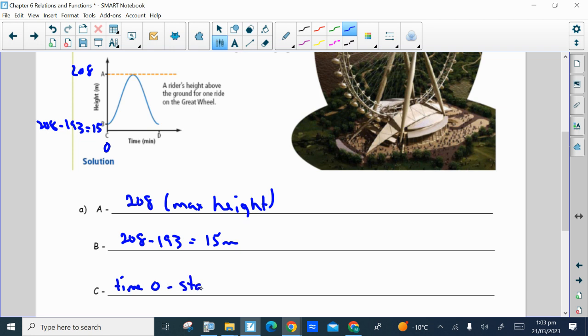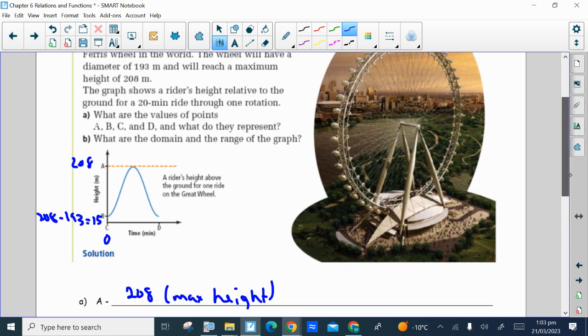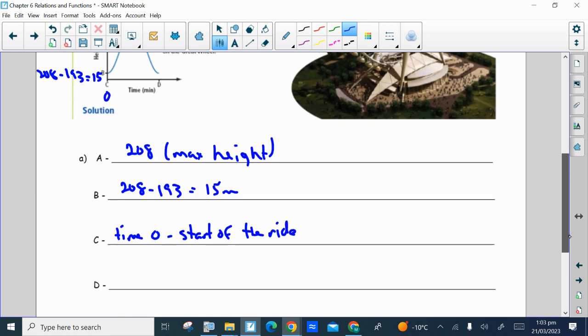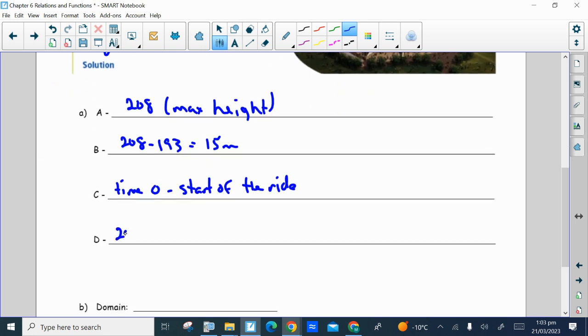This is the start of the ride. When people get on a Ferris wheel, they get on at the lowest point. And then D will be how long it takes to go through one cycle, which we are told at the top is a 20-minute ride through one rotation. So D is 20 minutes, which is the time for one rotation.